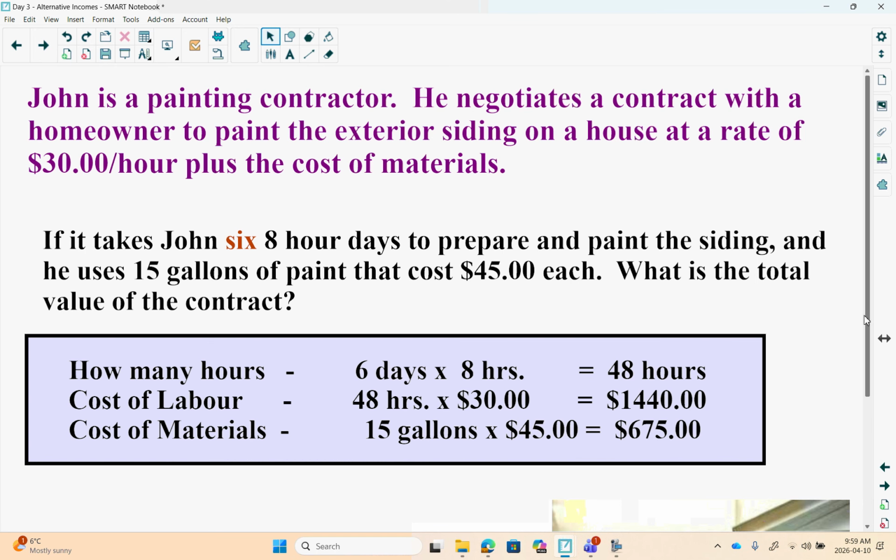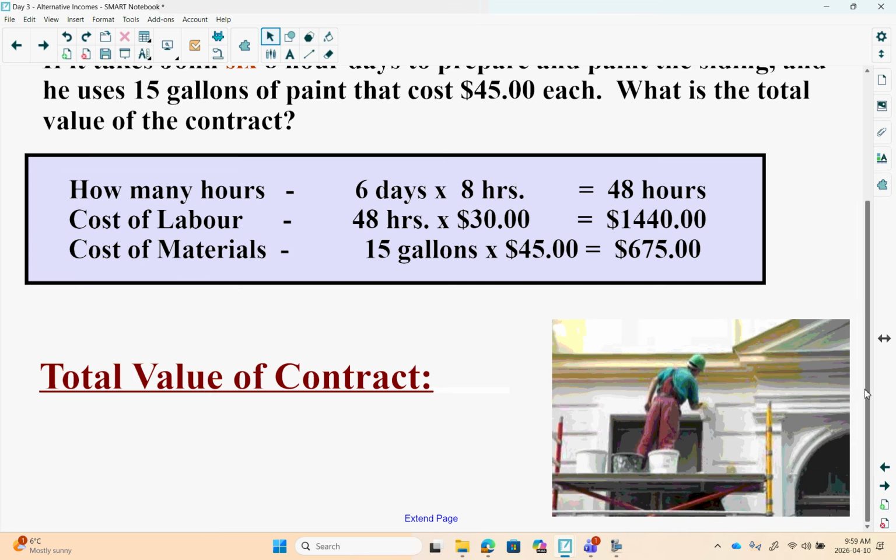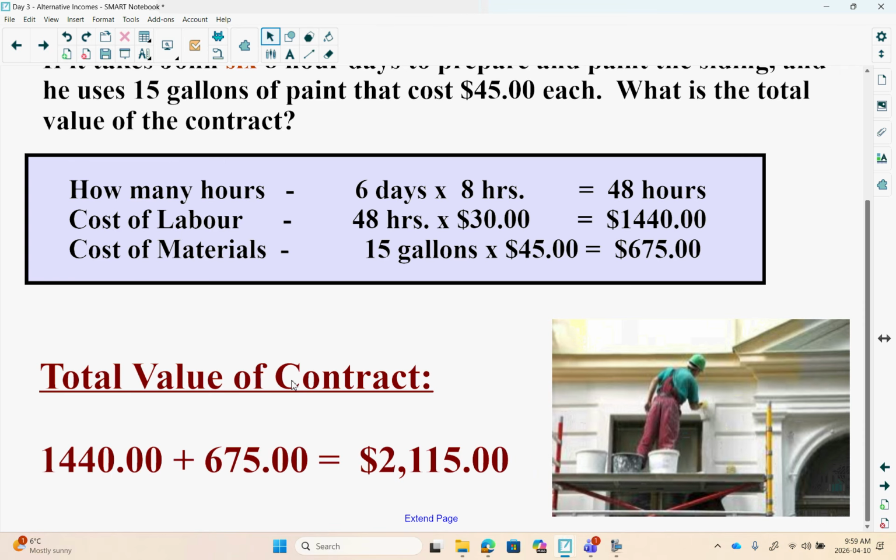And what is the total value of the contract? I'm going to go 1,440 plus $675. And what's that give me? Anyone know? 2,115. So that's what I'm going to owe John for painting my house.